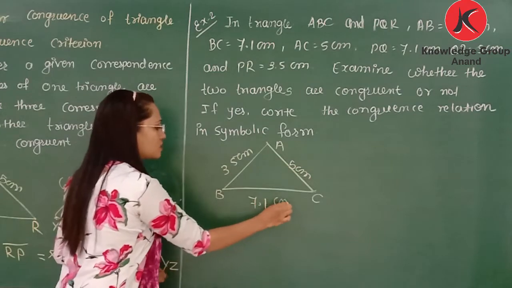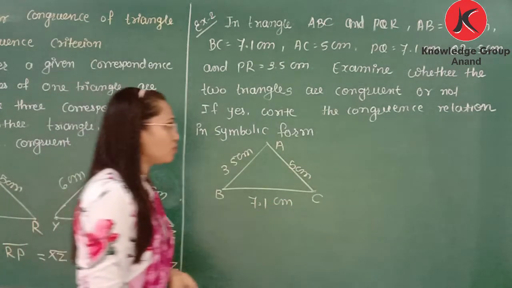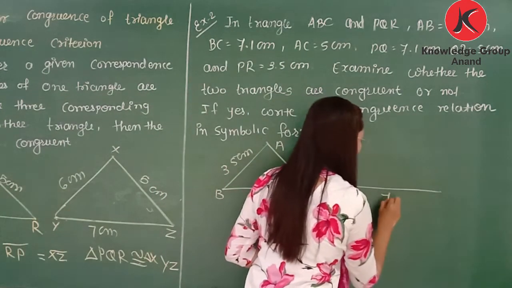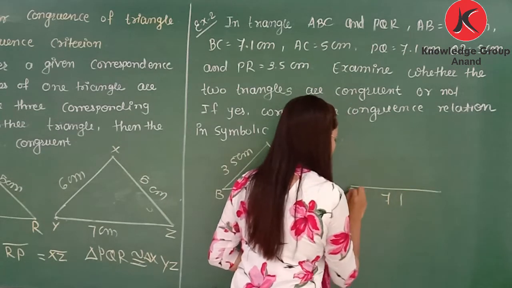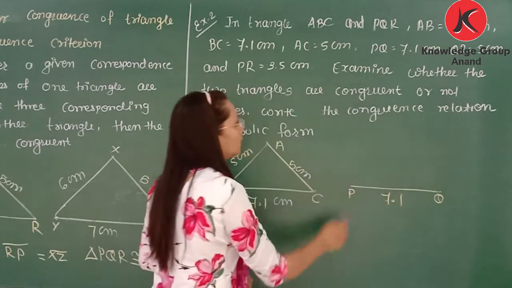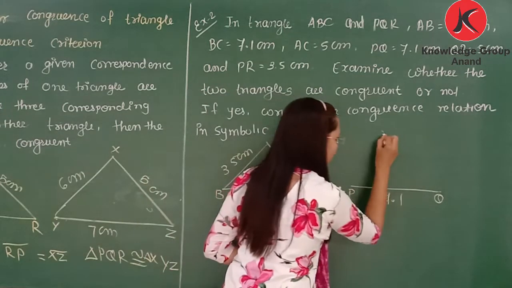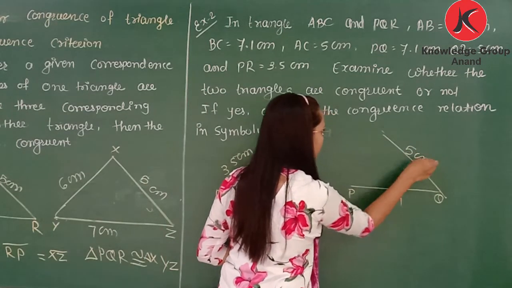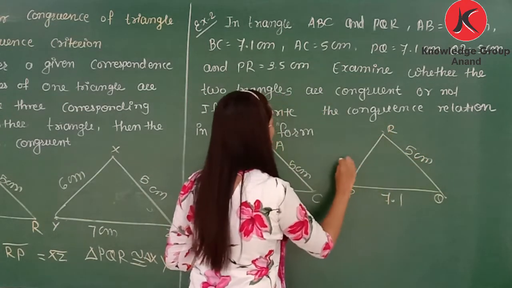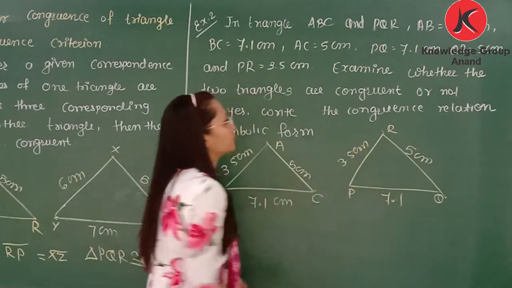So let's consider this is triangle ABC. Now PQ. So here we can draw 7.1. PQ is 7.1. QR is 5 cm. So let's draw 5 cm here. And this one will be 3.5 cm.